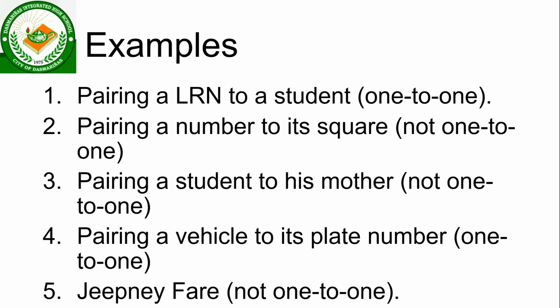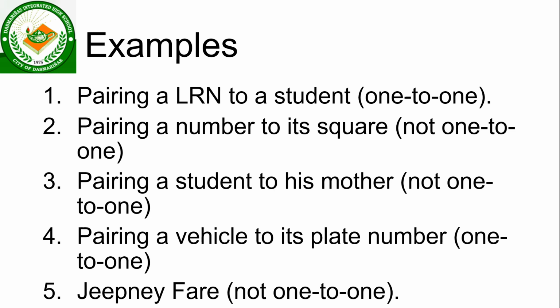We have here pairing LRN to a student. And we all know that this one is a one-to-one function. So why is it a one-to-one function? Because a unique LRN is given to a single student.